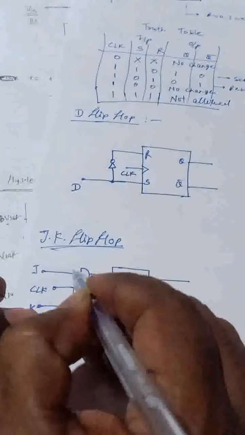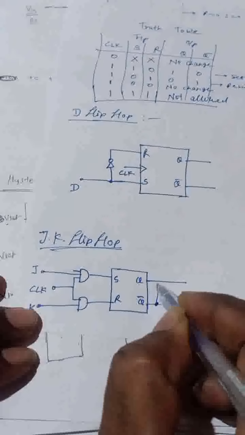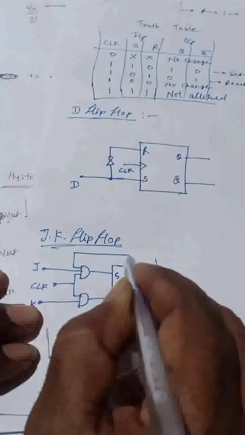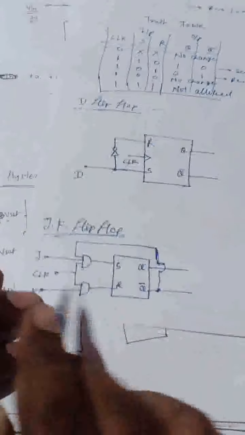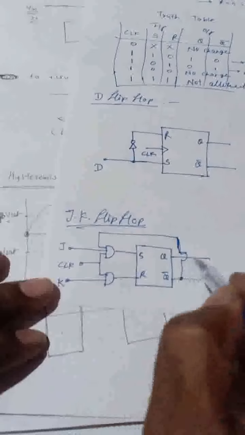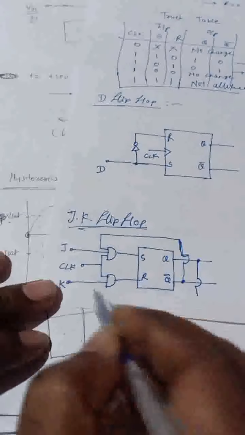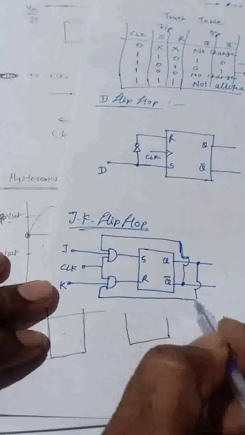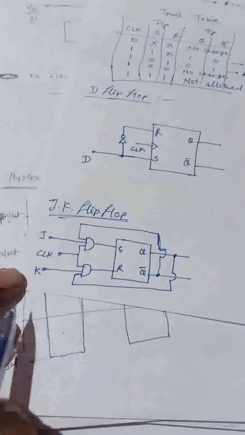You connect this Q bar output to the input of the AND gate that is used for the J input, and this Q is connected to the input of the AND gate which is used for the K input.